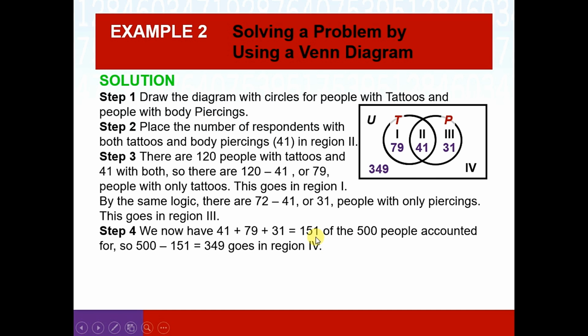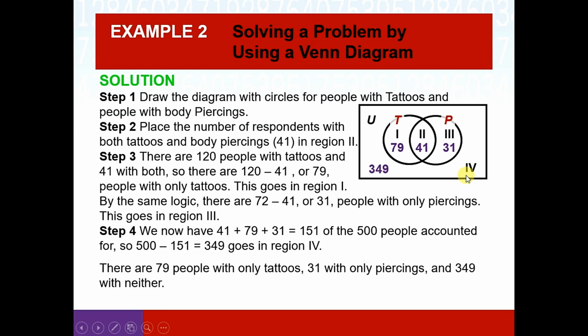That 151 will be subtracted from 500, so 500 minus 151 will give us 349, and that 349 will go to our region 4. Now, let us answer the problem. There are 79 people with only tattoos, there are 31 people with only piercings, and there are 349 with no tattoos and body piercing.